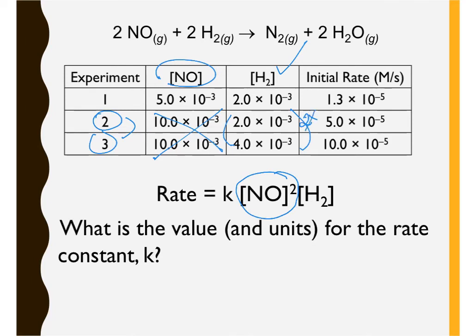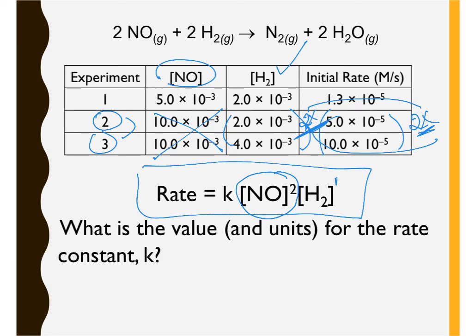It's increased by a factor of 2. What has happened to the rate when we have doubled the concentration of hydrogen gas? It has also increased by a factor of 2. So what is the order with respect to hydrogen gas? Anytime the factor, the change in concentration, equals the change in rate, that means first order. So here's our overall rate law, and hopefully you can practice a few more orders of reaction, get confident with that.